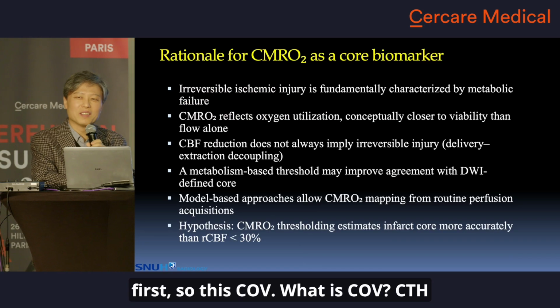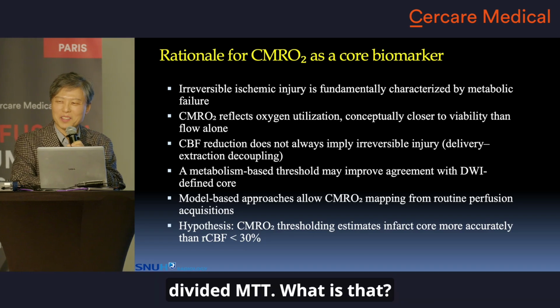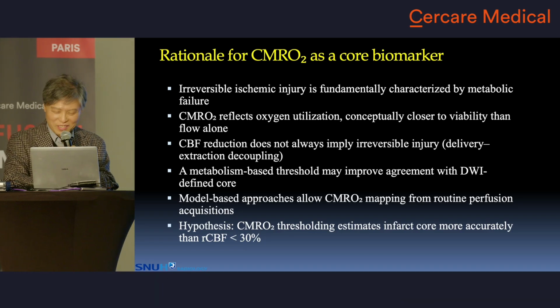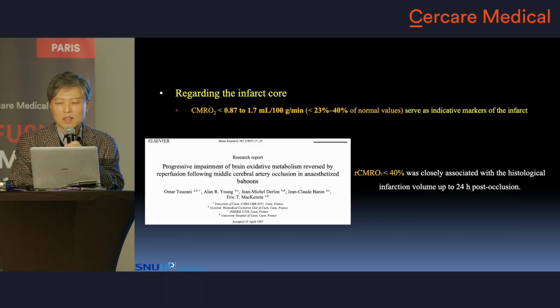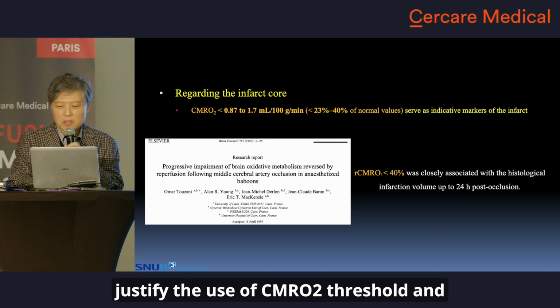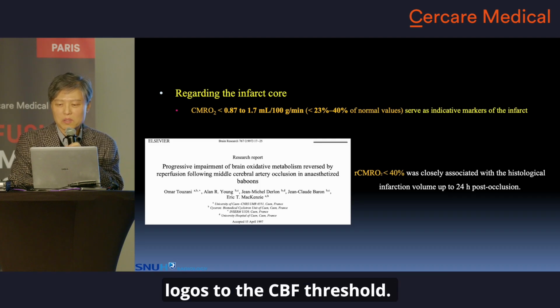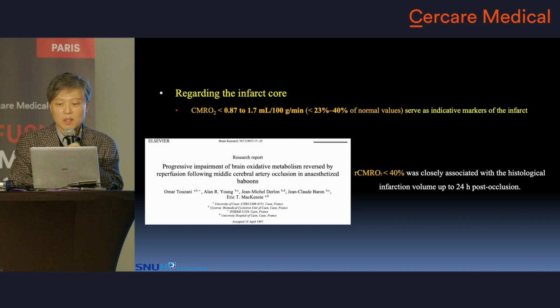What is COV? CBH divided by MTT. What is that? So therefore, I thought about evidence to justify the use of a CMRO₂ threshold analogous to the CBF threshold.